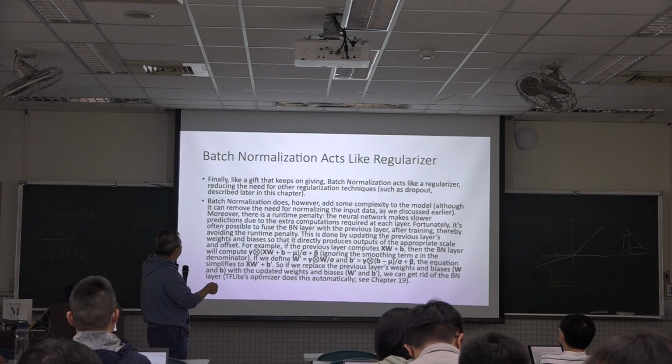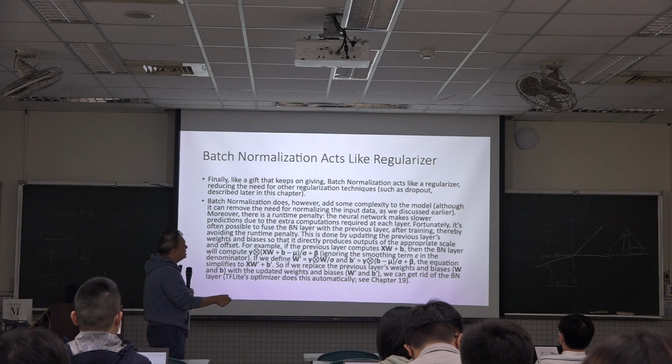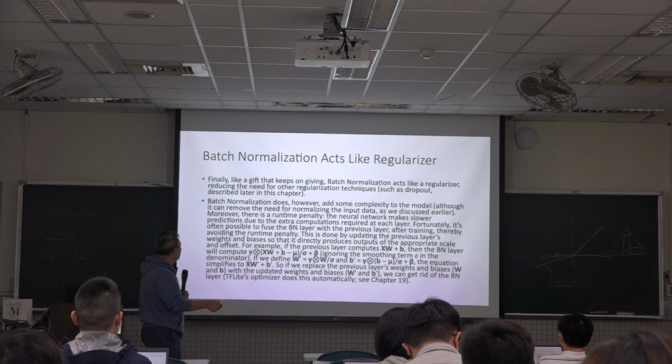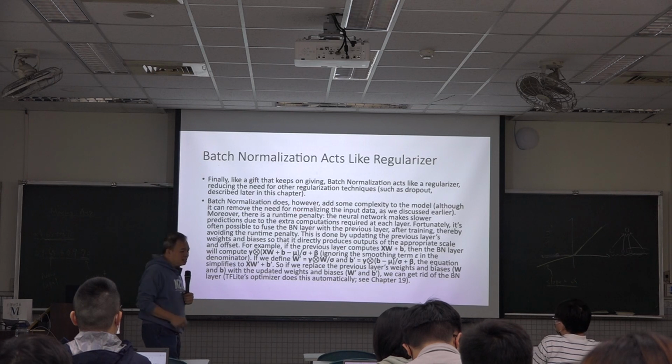In addition to these benefits, batch normalization also acts like a regularizer, reducing the need for other regularization techniques, for example dropout. We are going to talk about dropout later in this chapter.